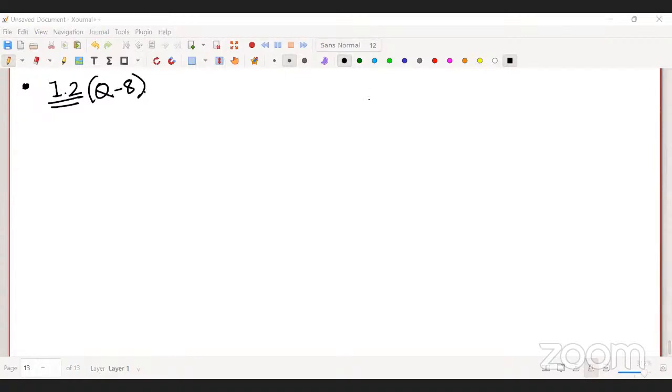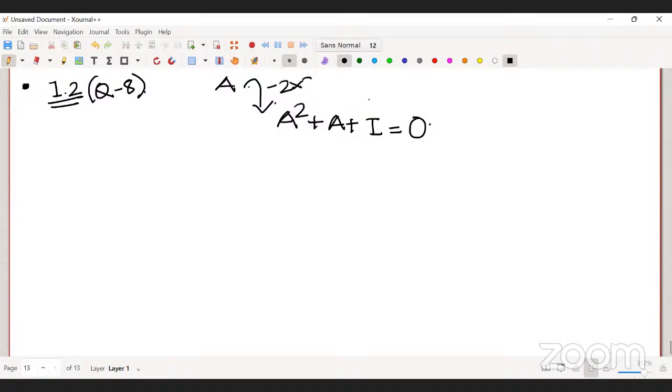Okay, so basically it's asking whether there is any real matrix A such that A square plus A plus identity matrix is 0, right? This is the question, right? A 2 by 2 real matrix. Yes.